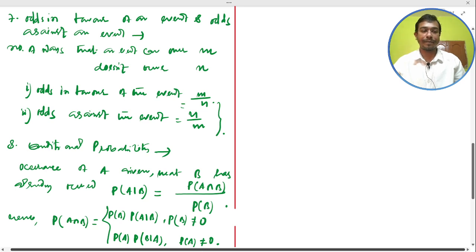Next, the Bayes theorem. This is very important. The conditional probability and the Bayes theorem. This will become number 9.